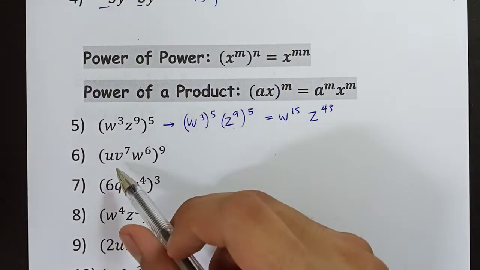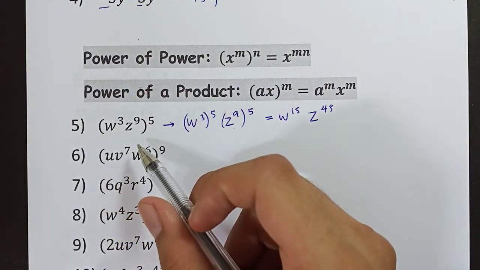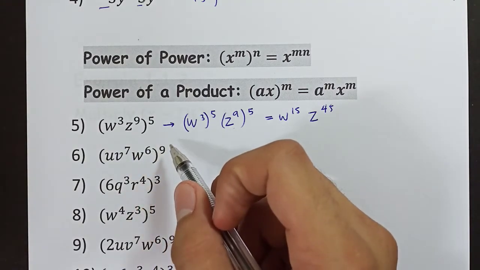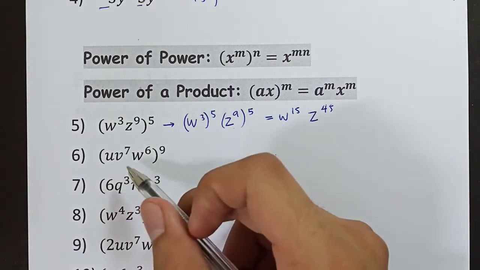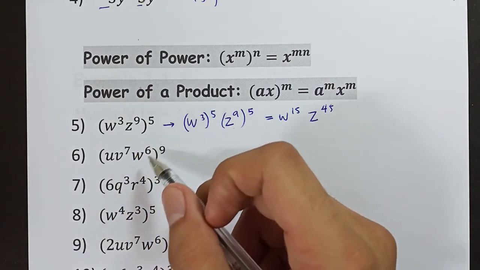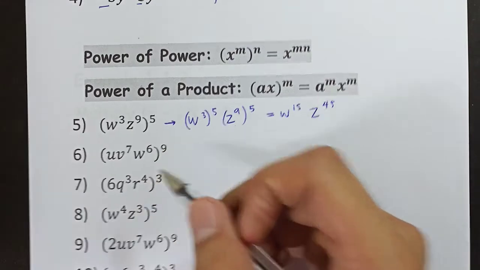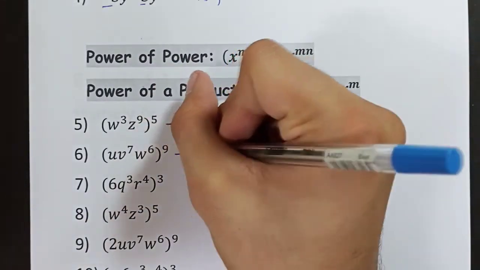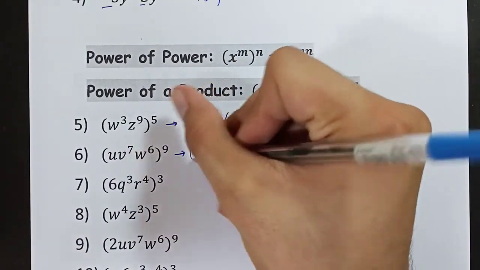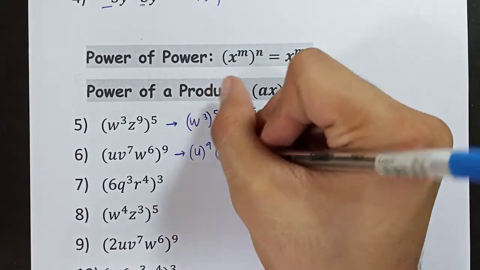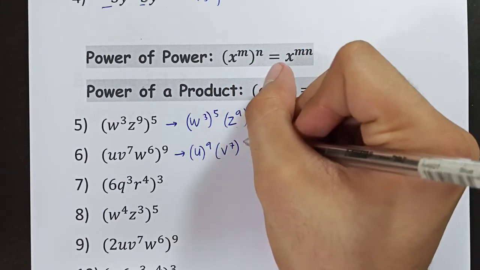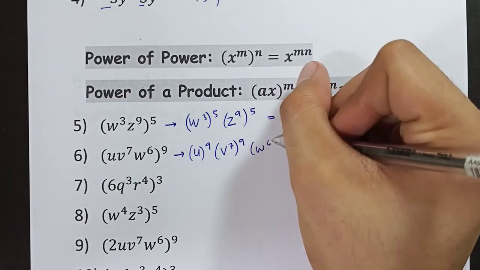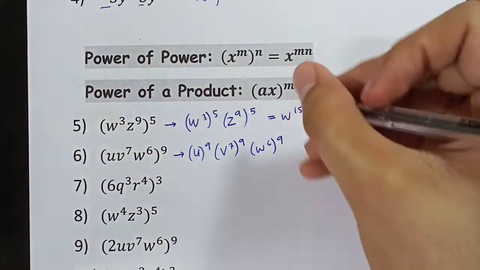Next, we have quantity of u raised to 9, v raised to 7, w raised to 6, raised to 9. Gagawin dito, ganun ulit. Distribute lang. So u raised to 9, v raised to 7, and w raised to 6, then 9.